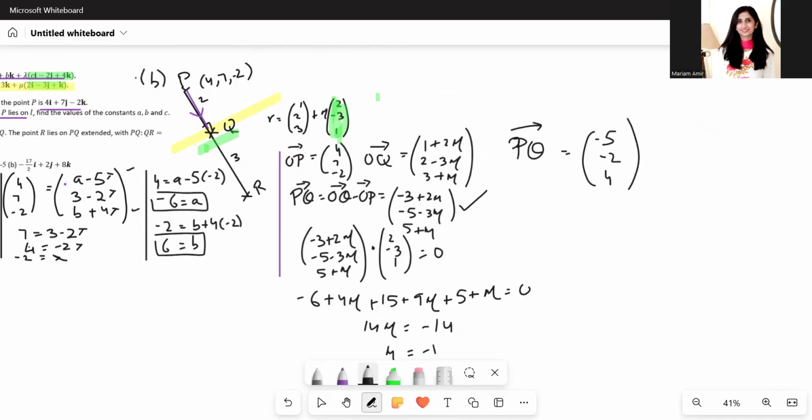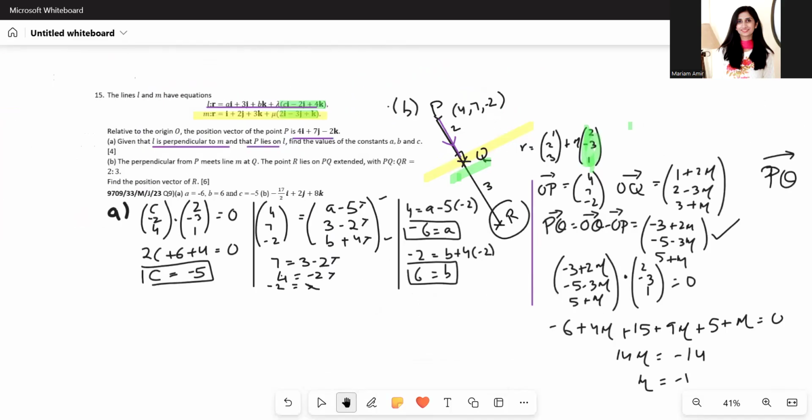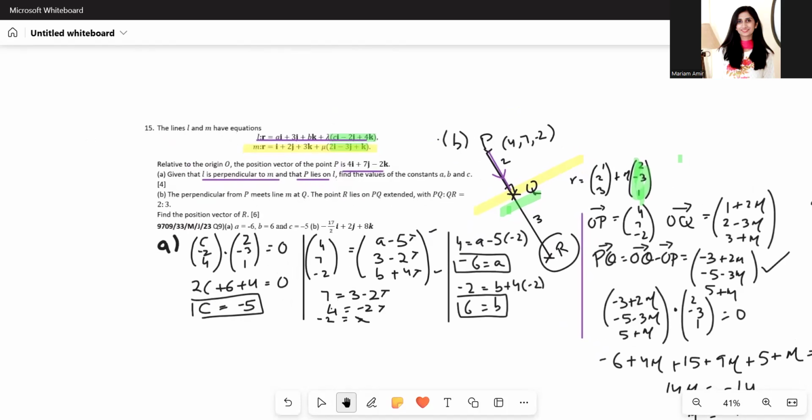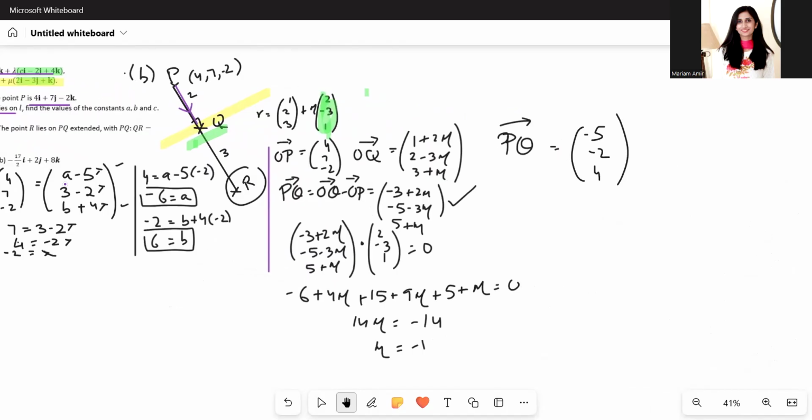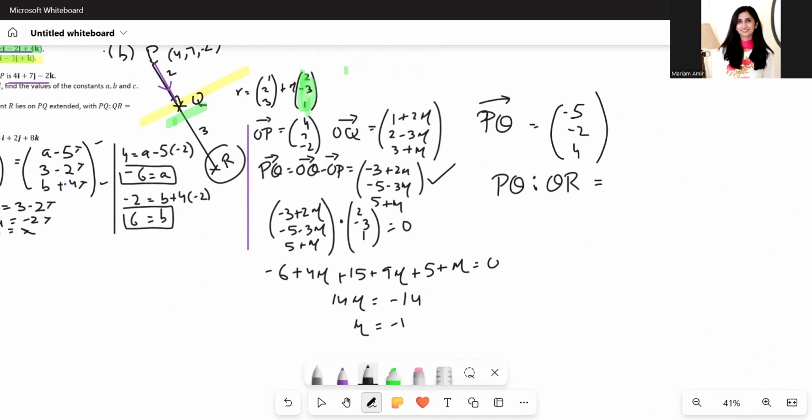All right, now somehow I need to find the position vector of R. I can find PR using this relationship. We know that PQ to QR ratio is 2 by 3. Let me write that down. Two ratio 3.